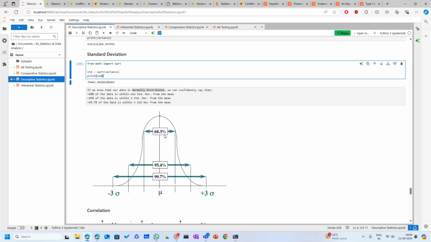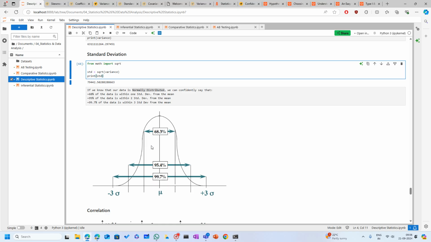If he is paying $80,000 less, he will be under this section, minus one standard deviation. Or in other words, 68.3% of the users who fall into this bracket are either paying $80,000 more or $80,000 less while buying the property.